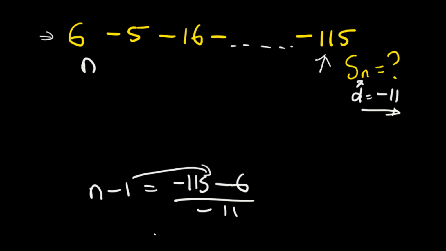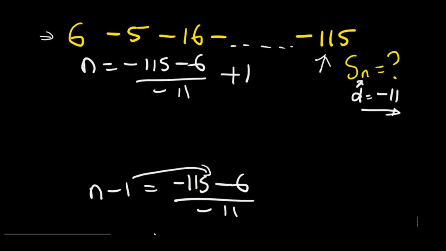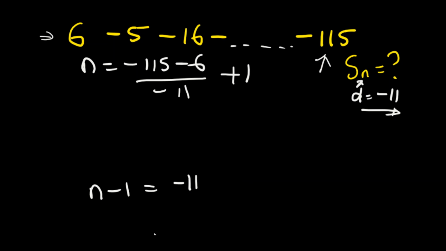We have n equals minus 115 minus 6 over minus 11, plus 1, right? Then you can punch your calculator to find the value of n, which on my calculator I got n equal to 12.